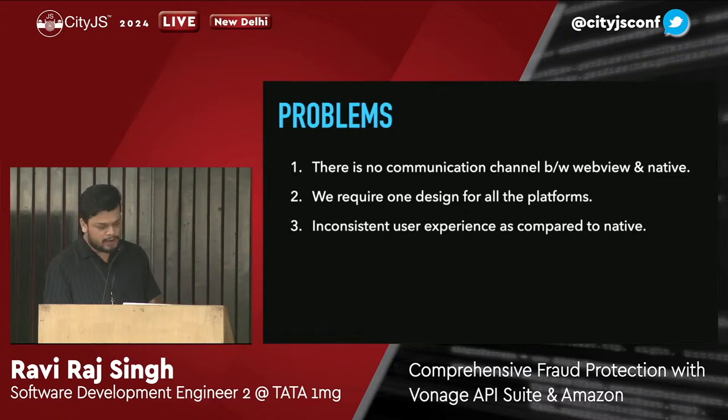The second problem we saw is that we don't have a single design, so we don't have the same font and same components used on native and on web. We cannot easily dissolve it. The user might find out that it's not the same application.